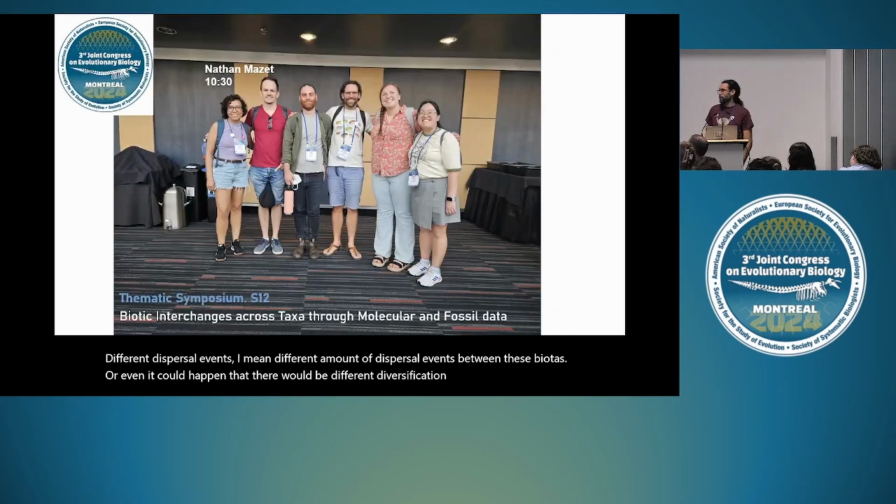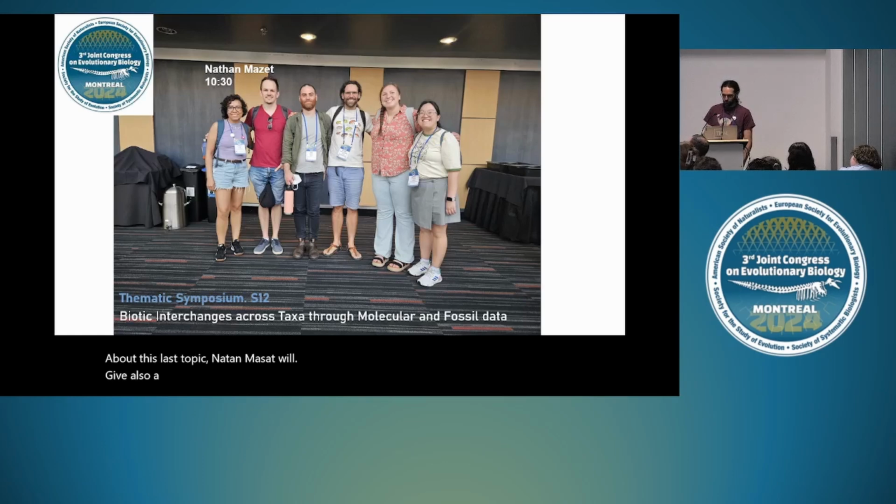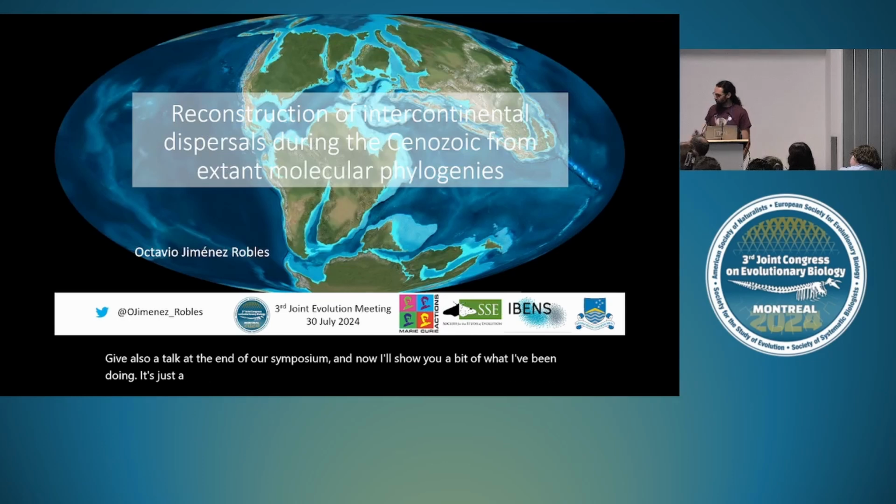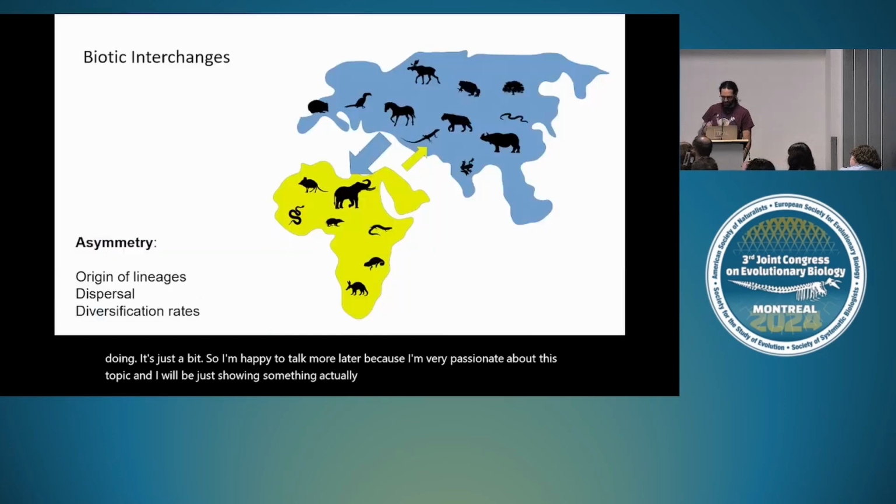About this last topic, Nathan Masset will give also a talk at the end of our symposium. And now I'll show you a bit of what I've been doing. It's just a bit, so I'm happy to talk more later because I'm very passionate about this topic, and I will be just showing something actually quite modest.